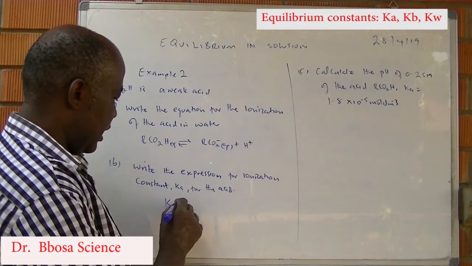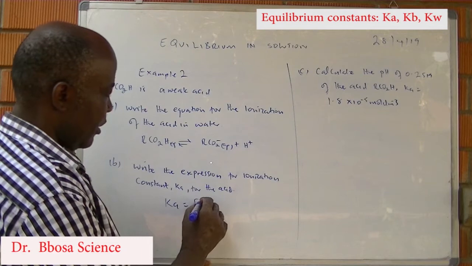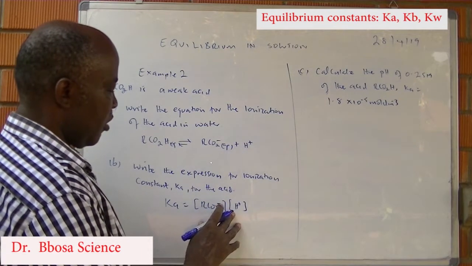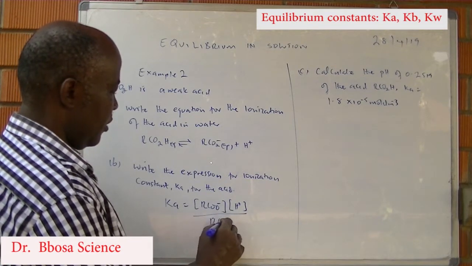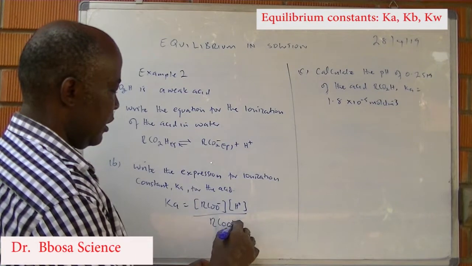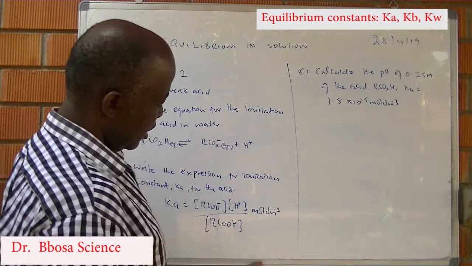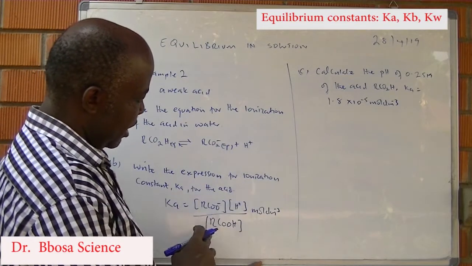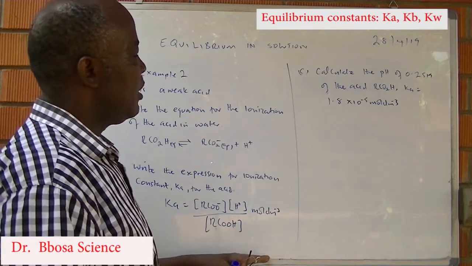Then you can see that Ka is equal to concentration of the anion RCOO minus into the concentration of hydrogen ions over the concentration of the acid, which is moles per decimeter cubed. So the moles per decimeter cubed over moles per decimeter cubed cancel. We remain with moles per decimeter cubed.